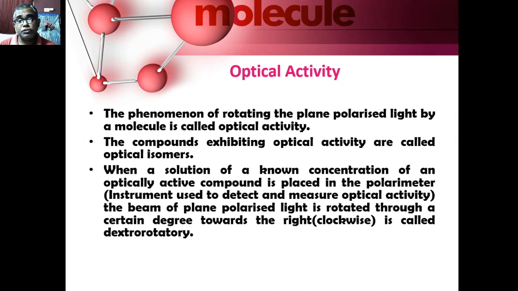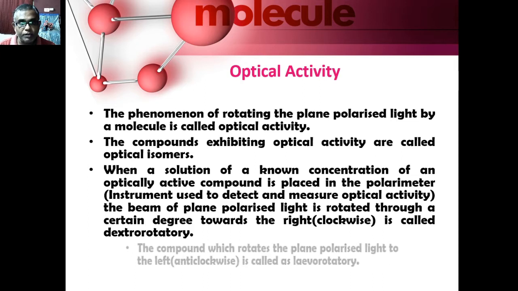When a solution of known concentration of an optically active compound is placed in a polarimeter, the instrument that is used to measure the optical activity, and when the beam of plane polarized light is rotated through a certain degree towards the right, that is clockwise, then the compound under investigation is called dextrorotatory.